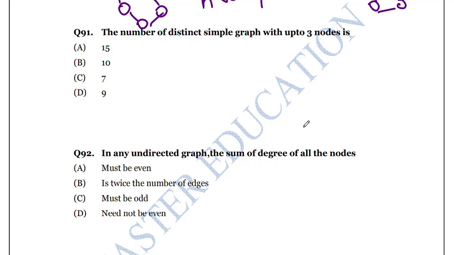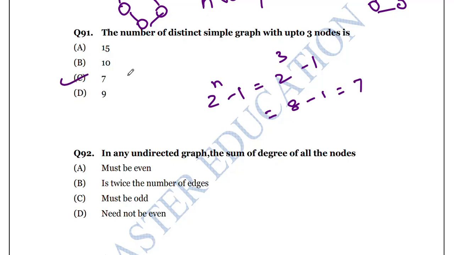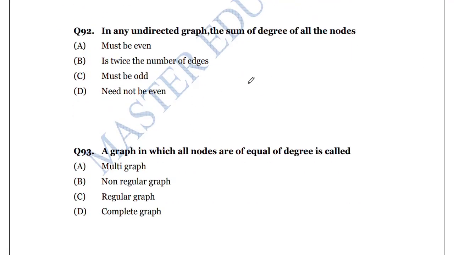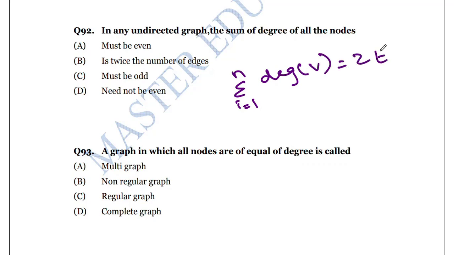The number is 2 power n minus 1, so that is equal to 2 power 3 minus 1, that is 8 minus 1, that is equal to 7, which is available in option C. The next question is, in any undirected graph, the sum of degrees of all the nodes is twice the... This is nothing but the Handshaking theorem, which says the sum of degrees of all the vertices equals 2 into edges, that is twice the number of edges, which is option B.